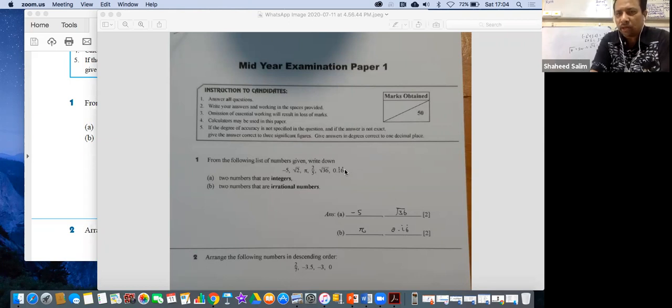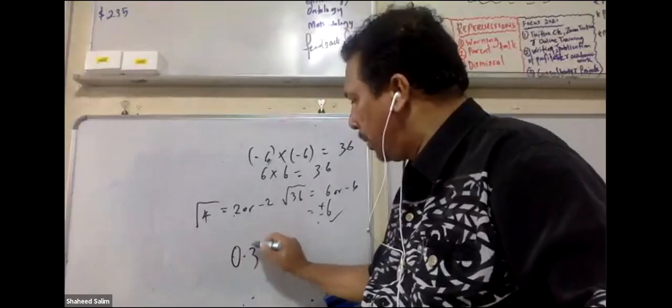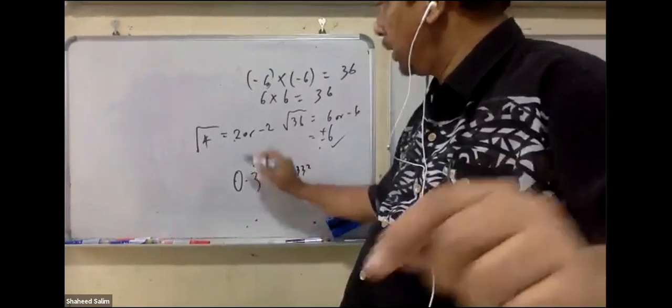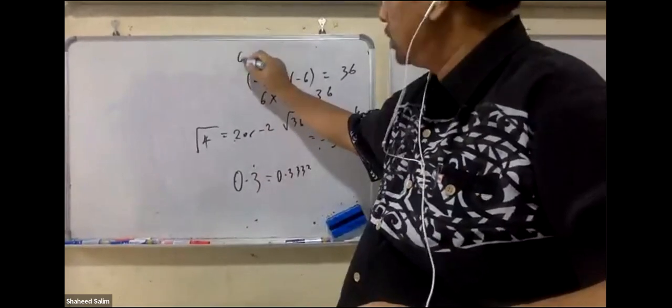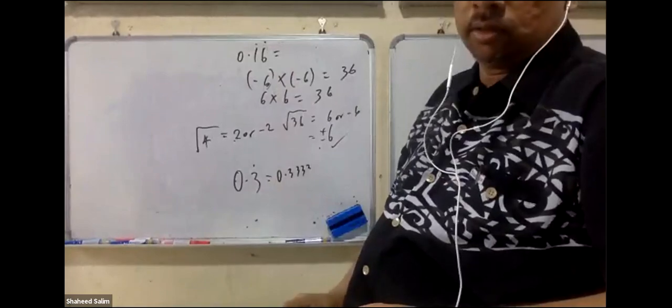What is this dot? Do you know what it is? Let's say that if I put 0.3 with a dot on top, what is this? 0.3333. Yeah, 0.3333. Let's say now down here, 0.16 with a dot, what does it mean? 0.161616.